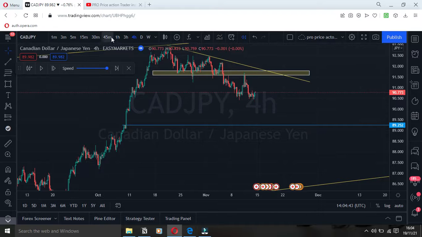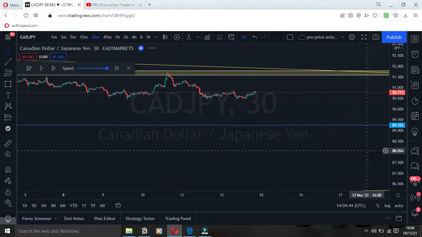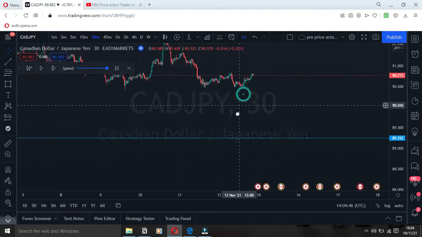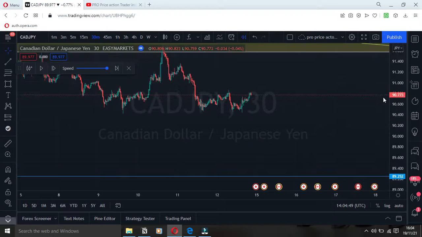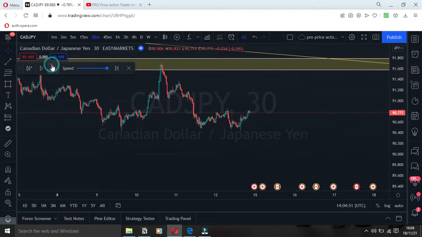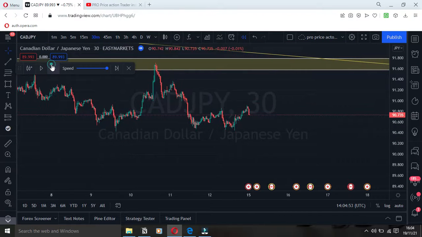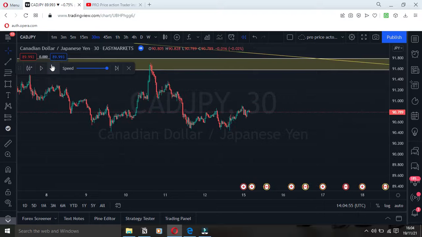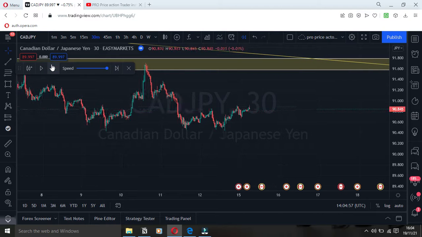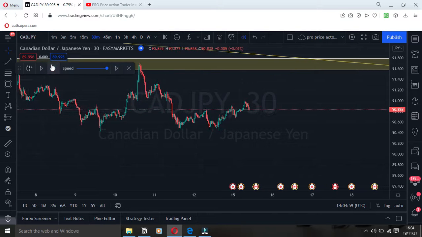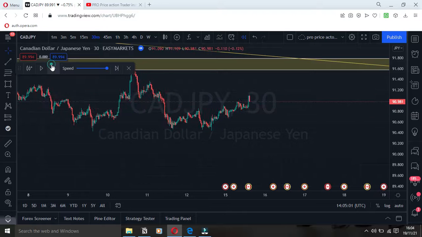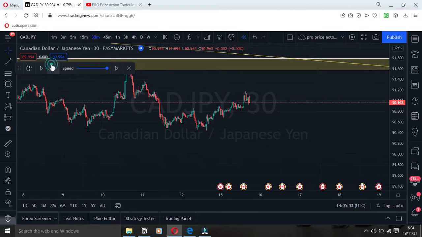I'm going to move to a smaller time frame now and also play the candlesticks so that you can see what I'm talking about. Let's see what is happening. Price started to push to the upside, as we were anticipating, as the trade was planned.